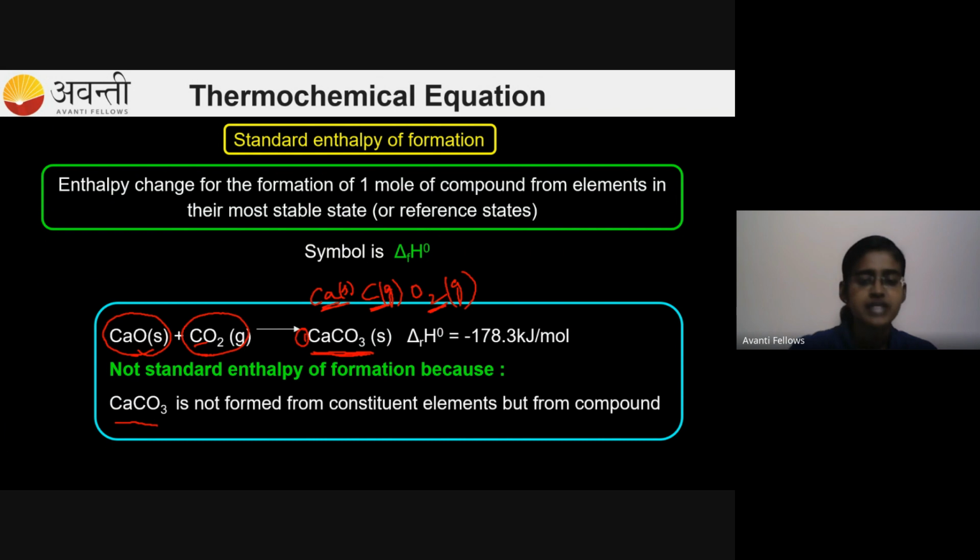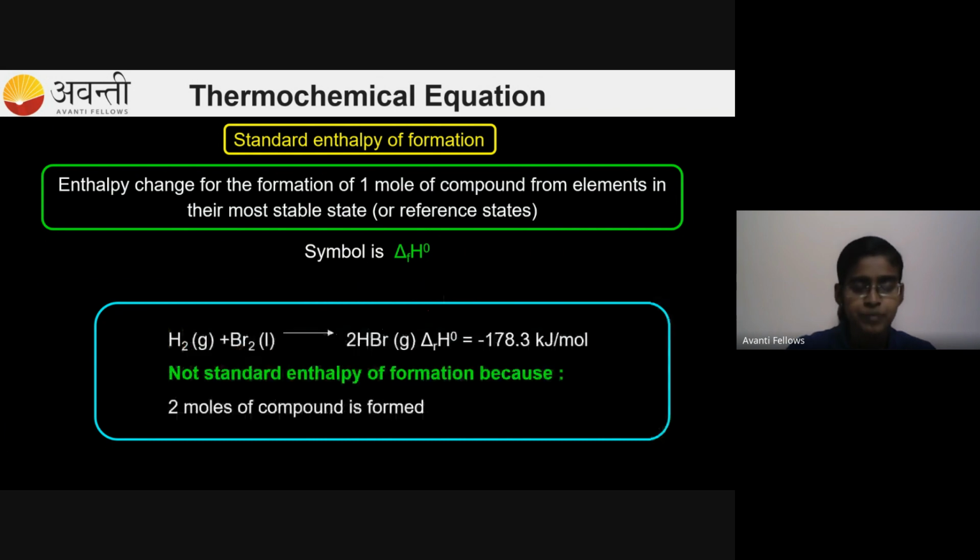One more example I will give you. H2 plus Br2 giving 2HBr. For this reaction, the standard enthalpy of formation cannot be calculated because 2 moles of HBr are formed. The standard state of hydrogen is H2 in gaseous state, and for bromine also Br2 in gaseous state.